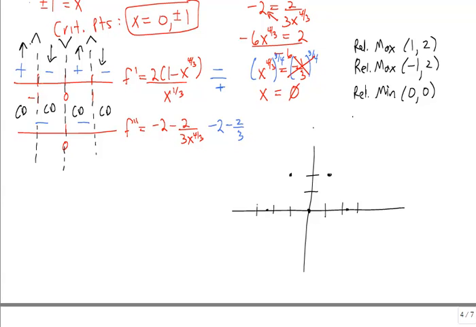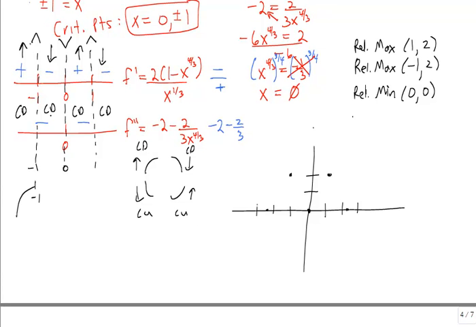Okay, so let's go ahead and figure out what our shapes are going to be. Our choices are going to be these 4 pieces. If I am concave down increasing, that's this shape right here until I hit -1.